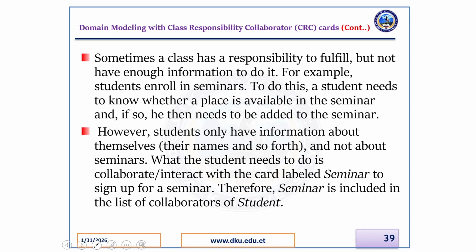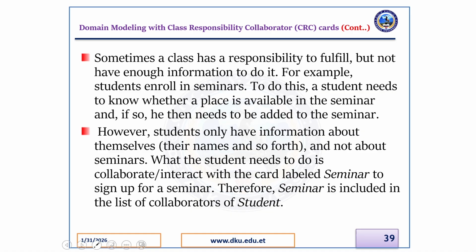Sometimes a class has a responsibility to fulfill but does not have enough information to do it. For example, students enroll in seminars. To do this, a student needs to know whether a place is available in a seminar, and if so, he then needs to be added to the seminar.